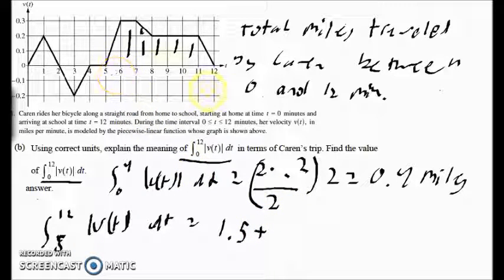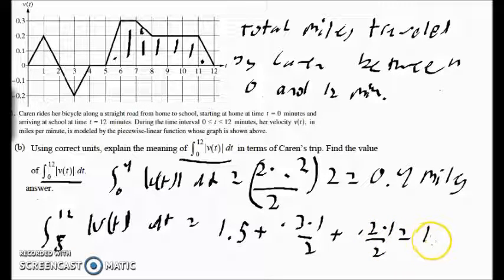And then we add these two triangles here, here, and here. That'd be 0.3 times 1 over 2 plus 0.2 times 1 over 2. That'd be 1.4 miles. You add these two together for the total distance, and you get 1.8 total miles.